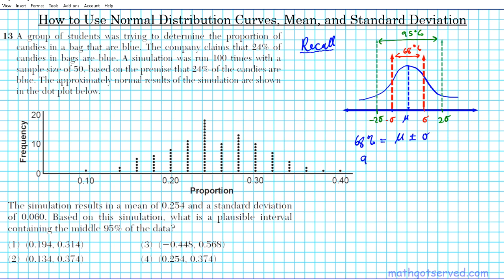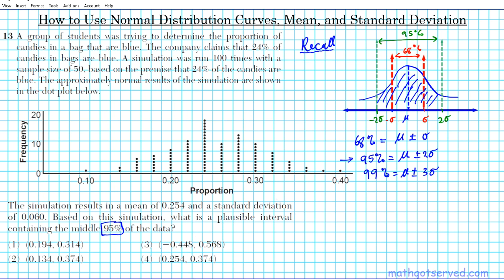Okay, and then 95% is your mean, mu plus or minus 2 standard deviations, and then 99% is mu plus or minus 3 standard deviations from the mean. Okay, in this particular problem, we're looking at 95%. So we're going to be focusing our attention on this particular portion right here. So we're looking at this area. Okay, so that's basically 95% of the population, because you're within 2 standard deviations from the mean to the left and right.